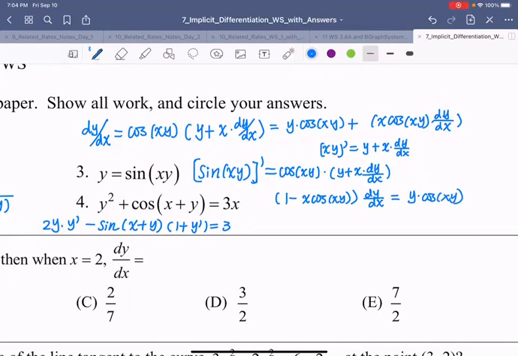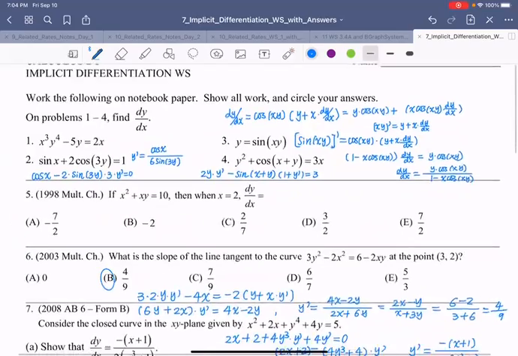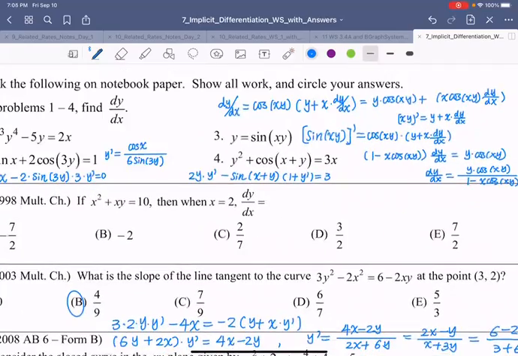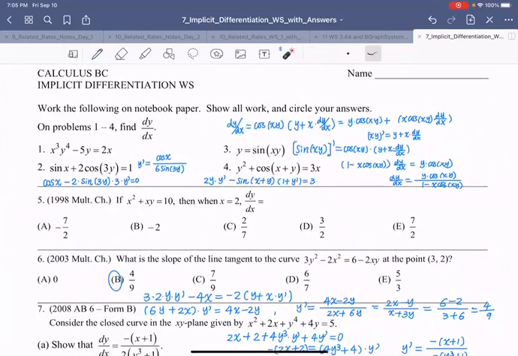So dy over dx equals y times cosine xy over 1 minus x times cosine xy. Okay? Does this make sense now? Yeah.